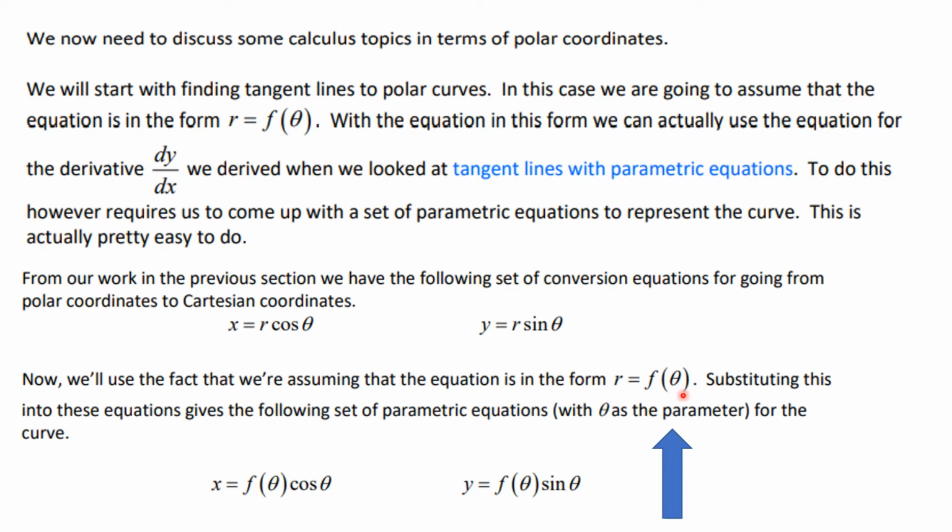So we can substitute r equal f of theta into these equations, and we can say now x is equal to f of theta times cosine of theta, and y is equal to f of theta times sine of theta. You see, theta is now a parameter. It's just like t before. So we're going to use our equation from the section on tangent lines with parametric equations, but now the parameter is theta. This is pretty slick and has everything to do with this assumption.